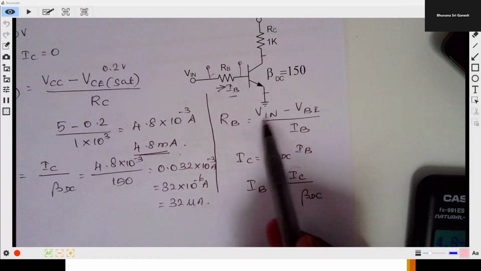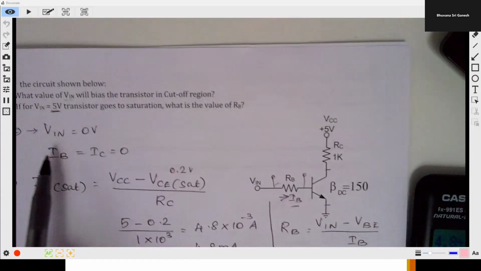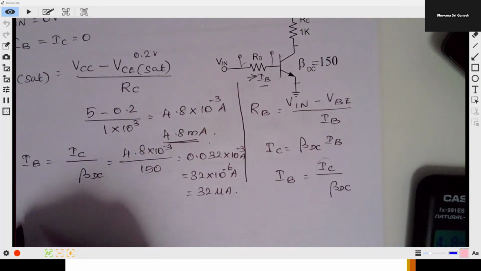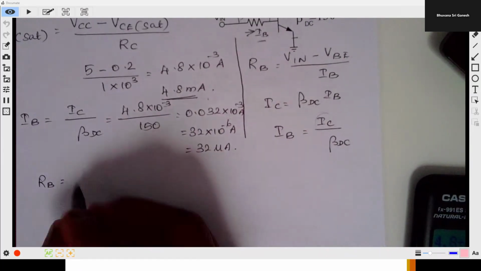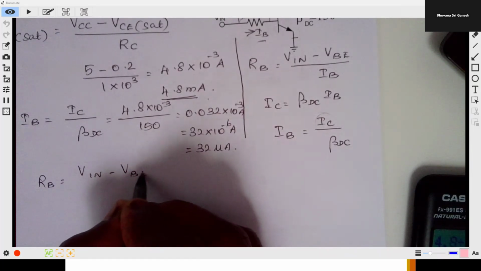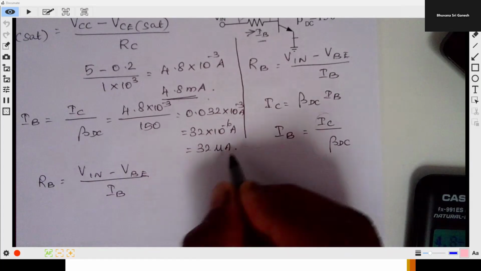Vin is given to be 5 volts in the problem. So the value of RB equals Vin, which is 5 volts, minus VBE, which is 0.7 volts, over the value of IB, which is 32 microamperes.